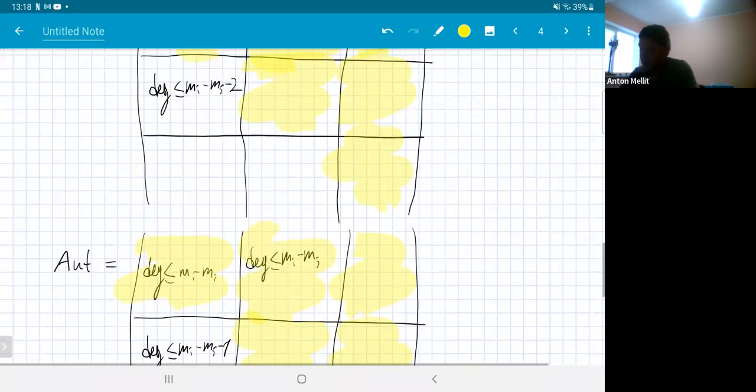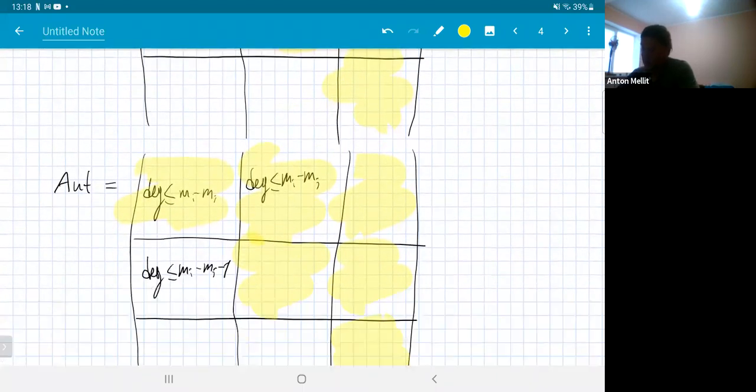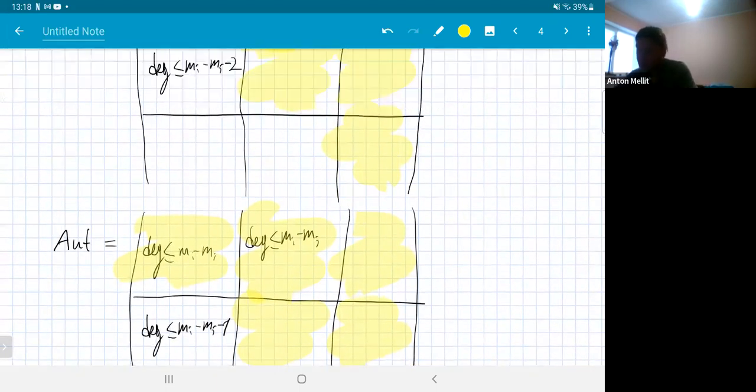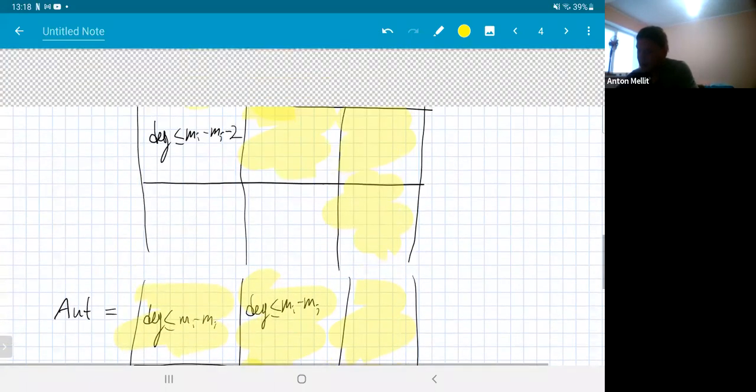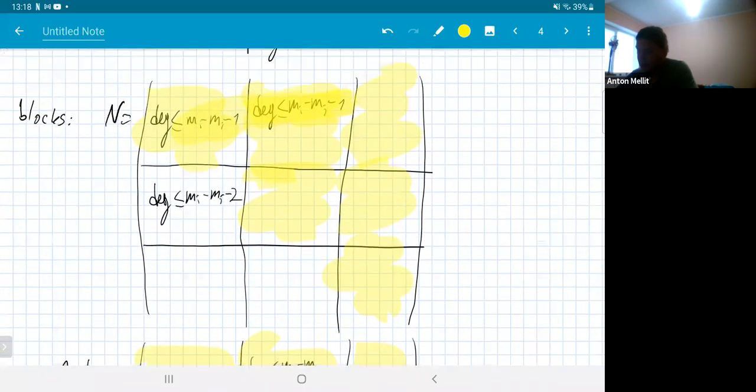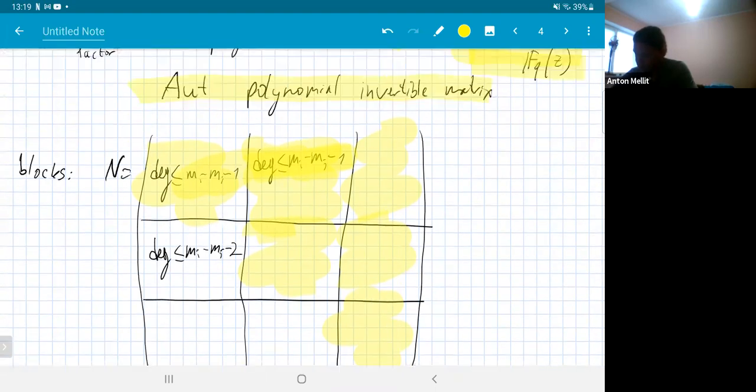Again, for automorphisms you just use the difference of mi and mj. For instance, if the mi's are the same, then Aut will be block upper triangular, and n will be non-trivial only where the mi's are different, or n is 0.